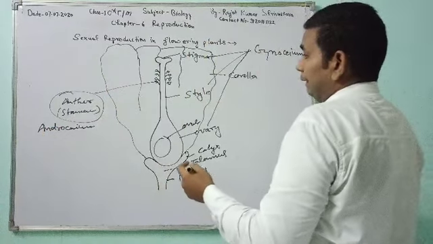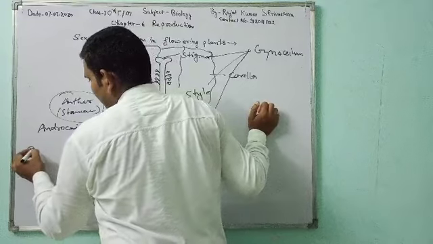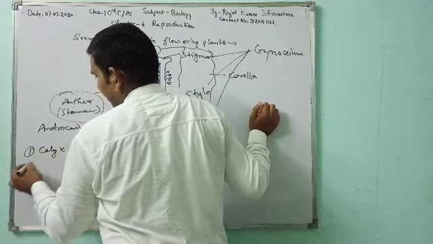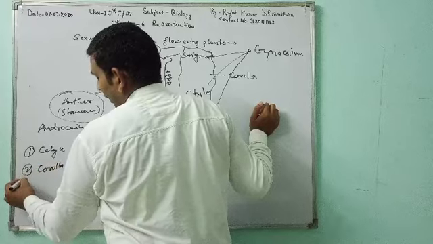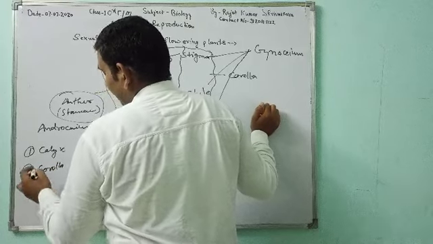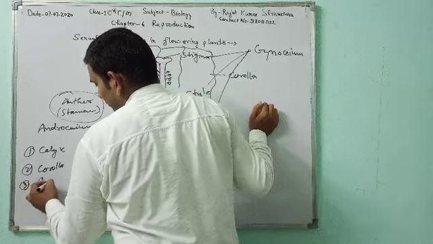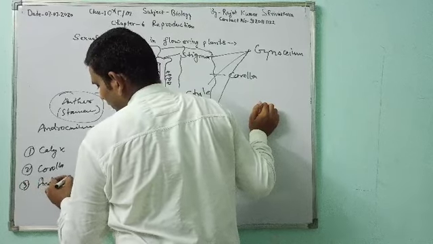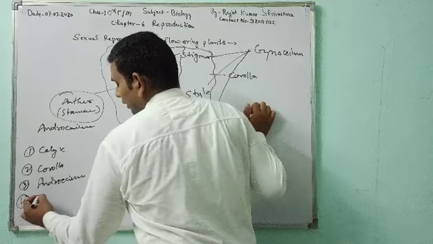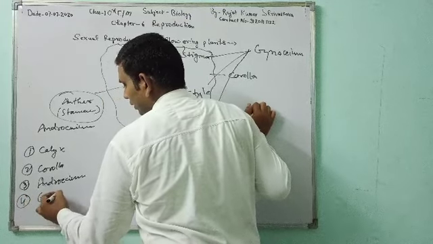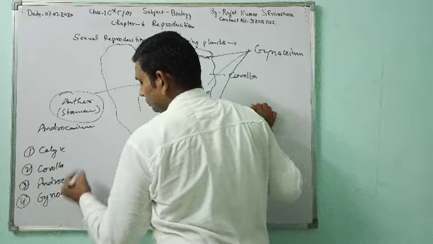So the flowering plant contains four parts. First one is the calyx, second one is the corolla, third one is the androecium, and fourth one is the gynoecium.